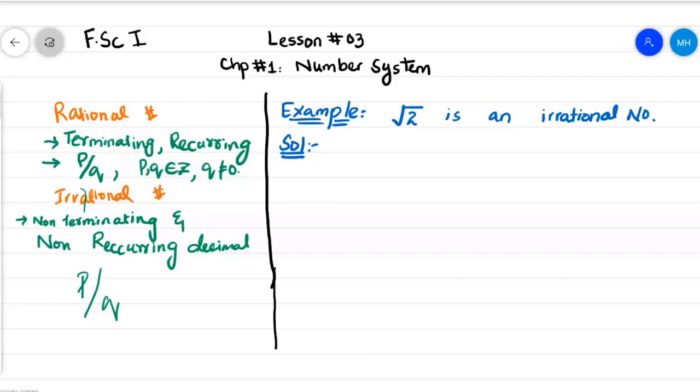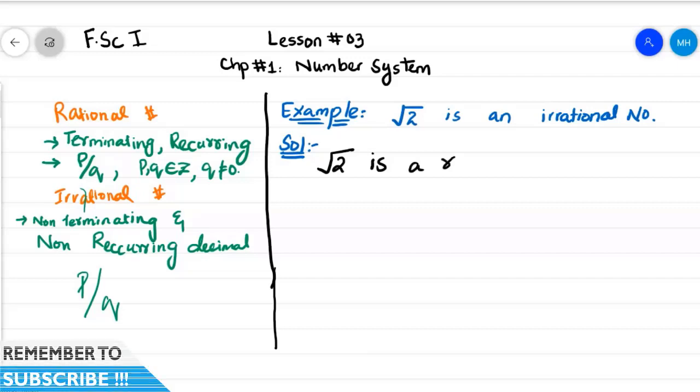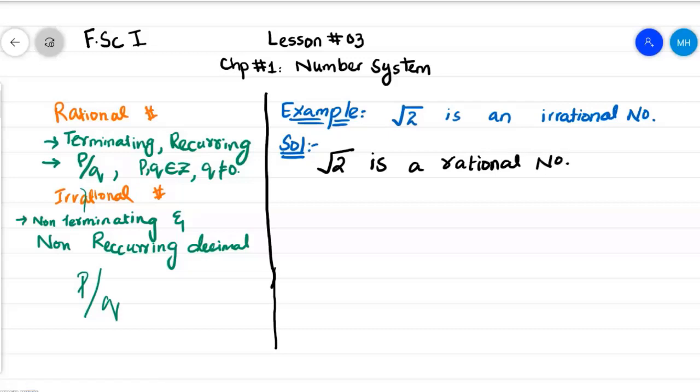So I am going to write over here: square root of 2 is a rational number. Now what will happen if square root of 2 is a rational number? Yes, now you have to write the definition of a rational number. We can write square root of 2 in the form of p by q, where p and q belong to integers and q is not equal to 0, right?